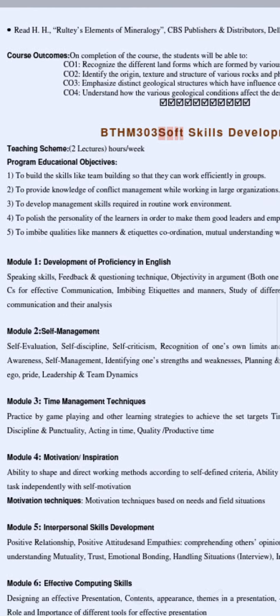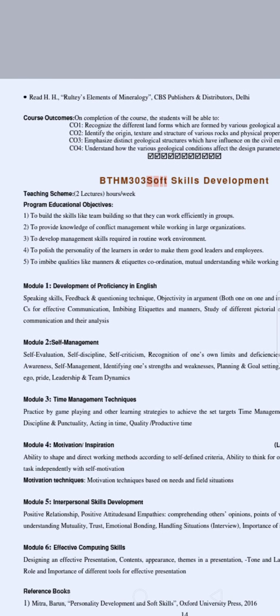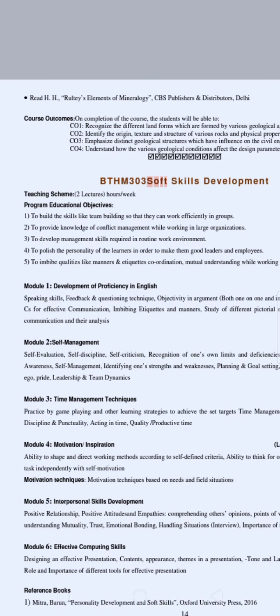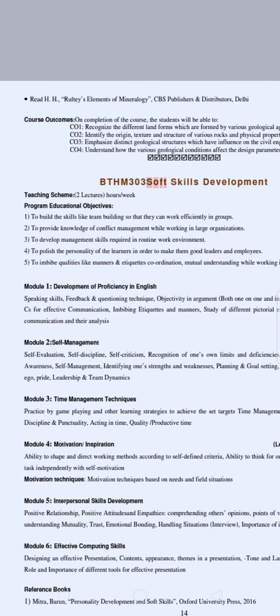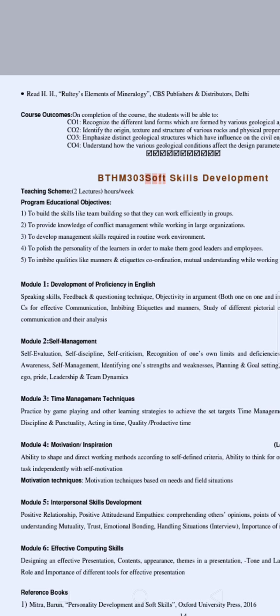The fourth educational objective is to polish the personality of the learners in order to make them good learners and employees. You have a good personality, but here the word used is polish. You are going to enhance and polish your personality, as it will help you develop as a good person, a good leader, and a good employee.